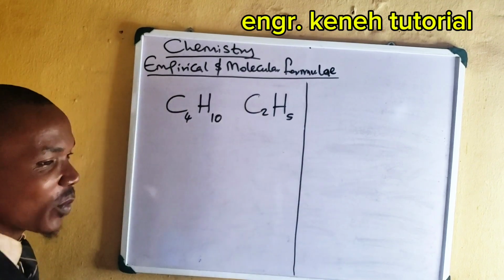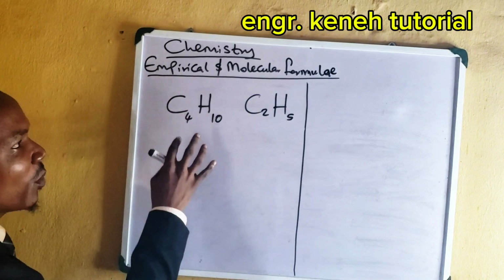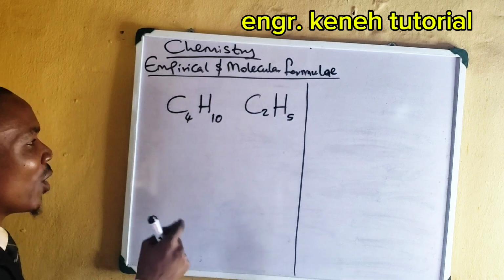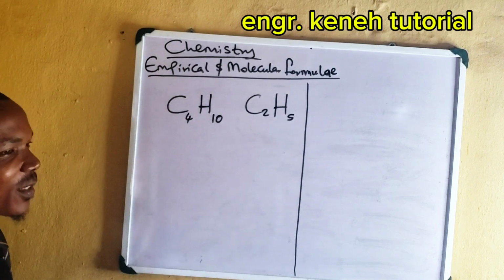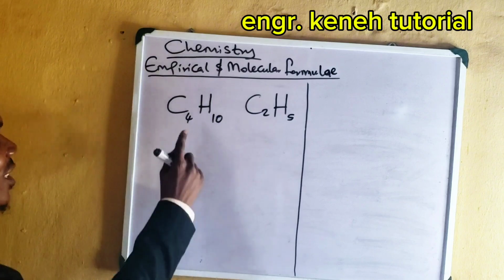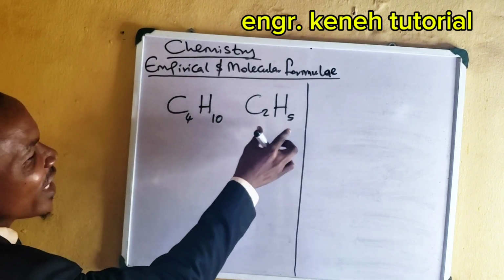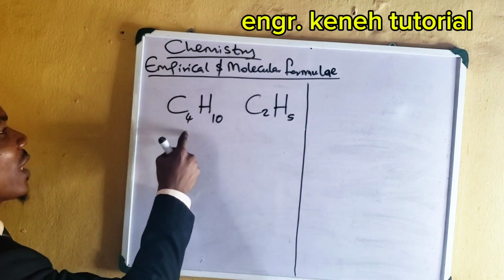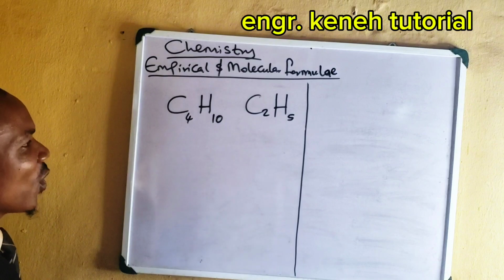But when you write out the actual formula, the formula that will contain the actual number of atoms that you have in that compound, we say that this is molecular formula. So this will reduce this to its lowest term, but this will give you the actual number of atoms you have in that compound.